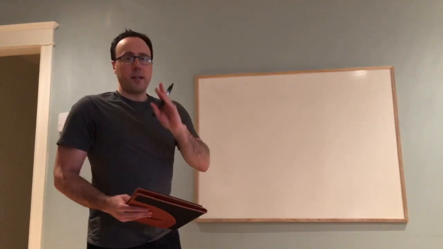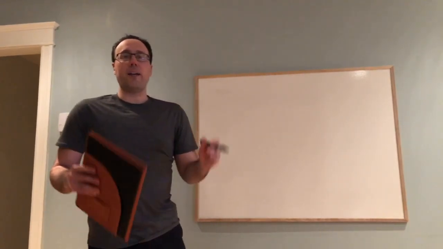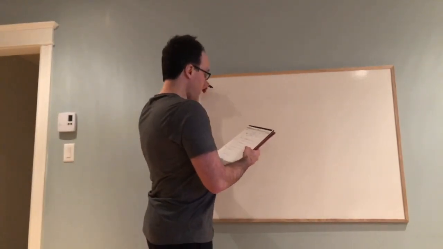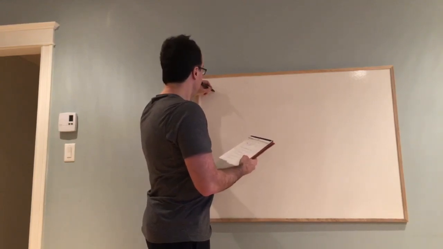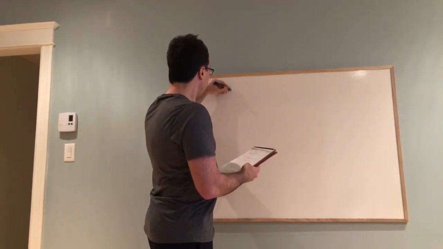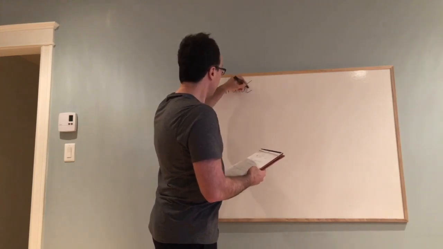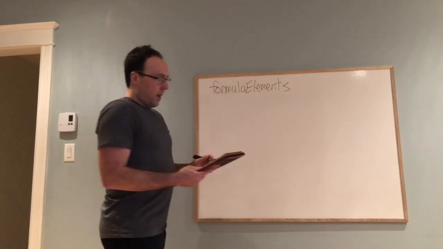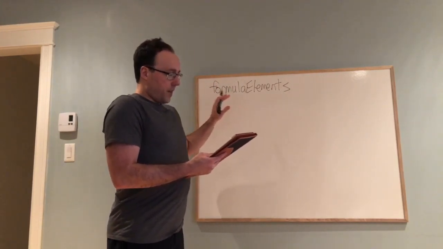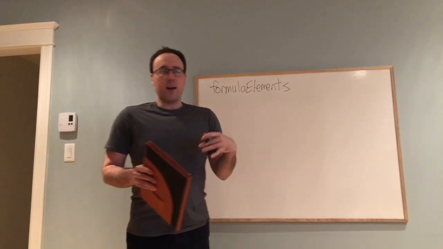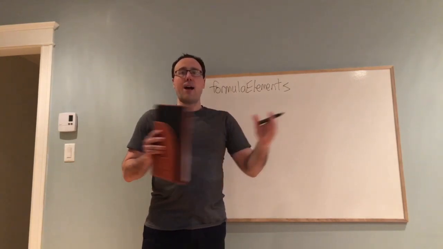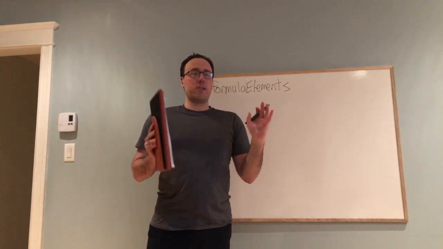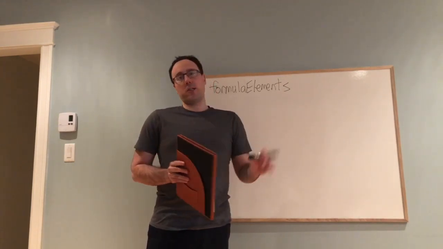So first, I'm going to need two arrays that are going to contain strings. I'll write these down on the board. The first one, I'm going to call it formula elements. And formula elements is going to basically contain whatever we're punching into our calculator as we go, except that we're going to make some adjustments as we punch them in.